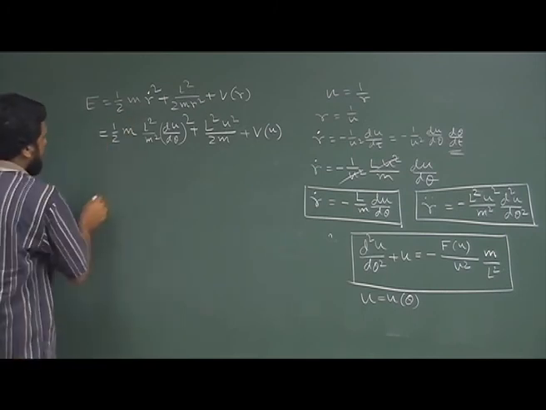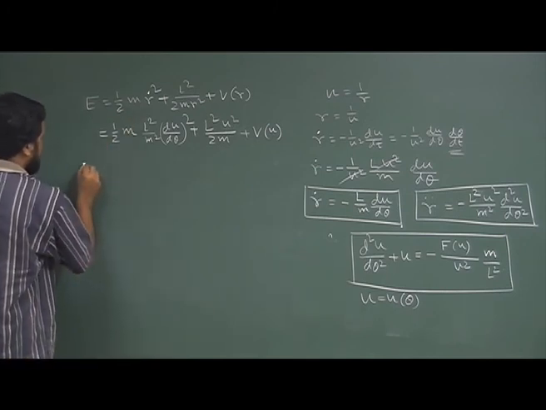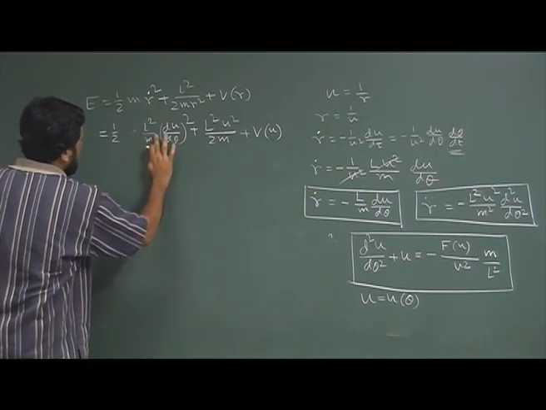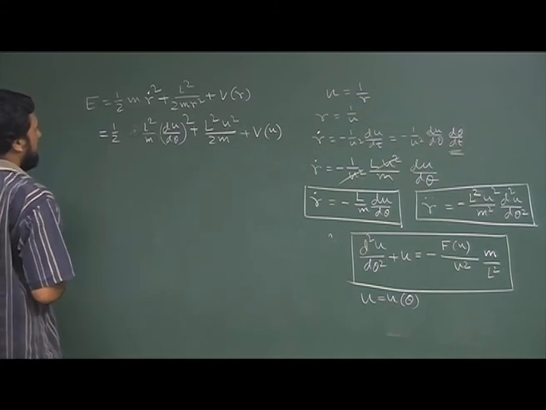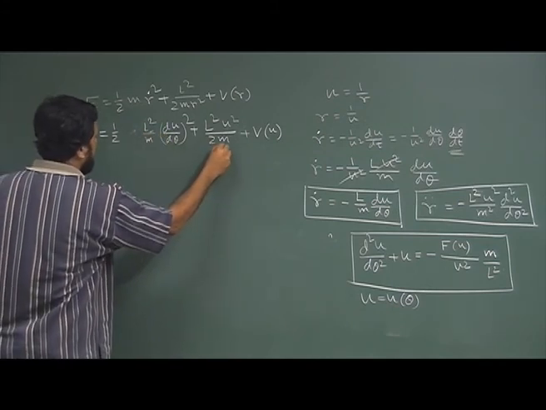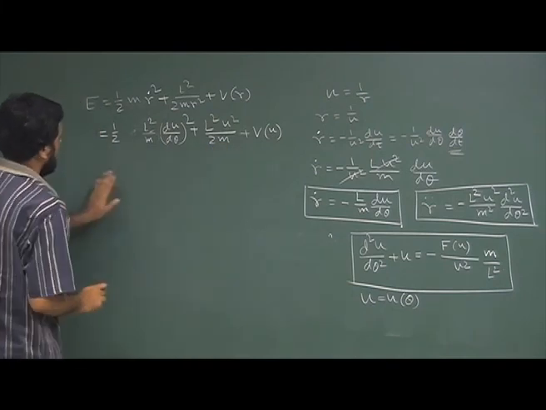Now, rearrangement of this gives you, so you see m cancels immediately and we can take L square by 2 m common, right.